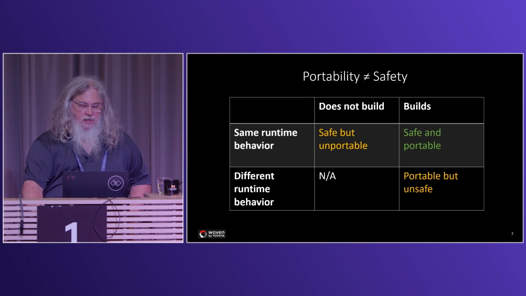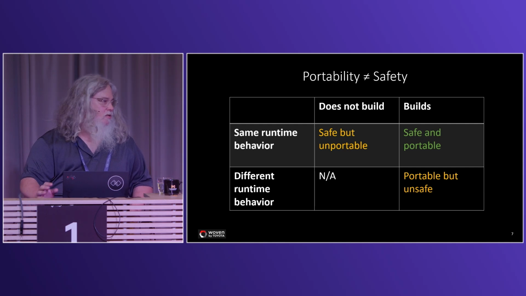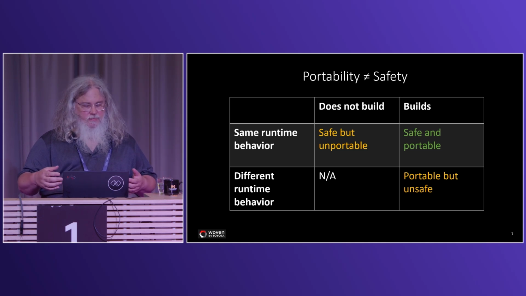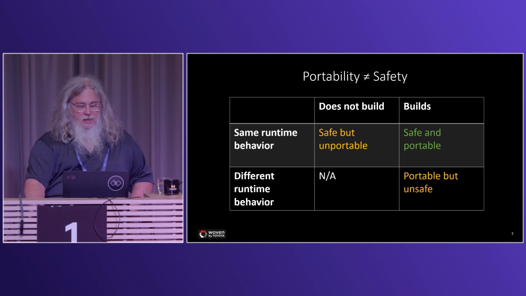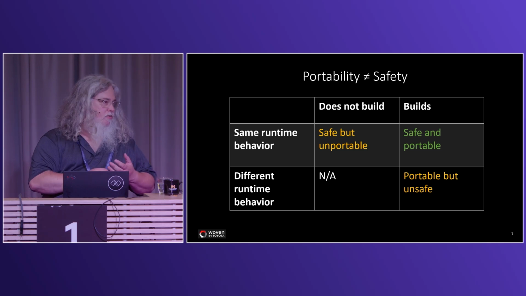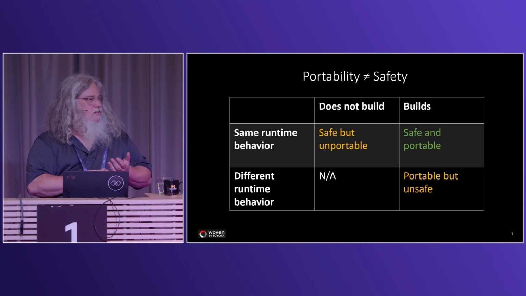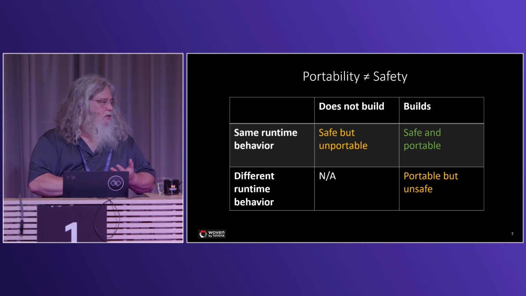So if it builds and it has the same runtime behavior, that could be considered safe and portable, right? You've tested this code, you've established the safety of it. If it has the same behavior on another platform, it should also be safe. Maybe the most dangerous square here is that it does build, but it has different runtime behavior. So that code is portable, but unsafe. And probably the best example of that is the setUID function in POSIX.